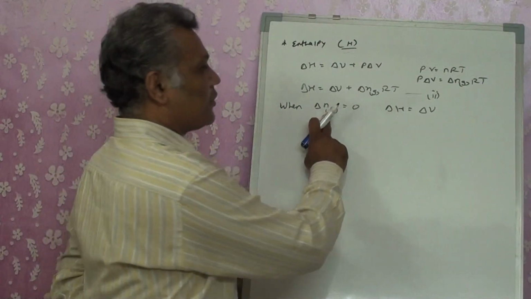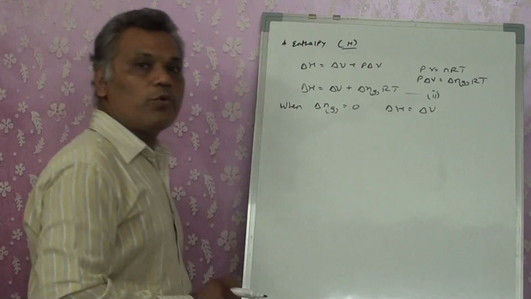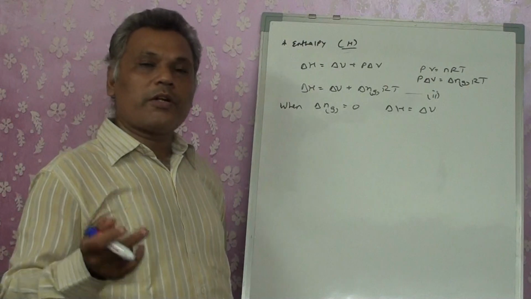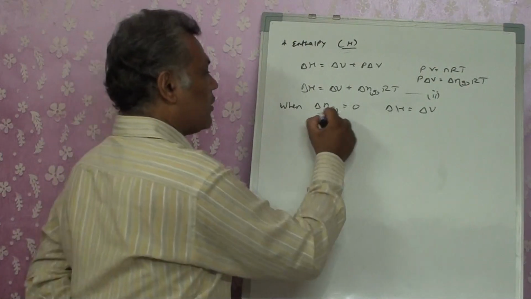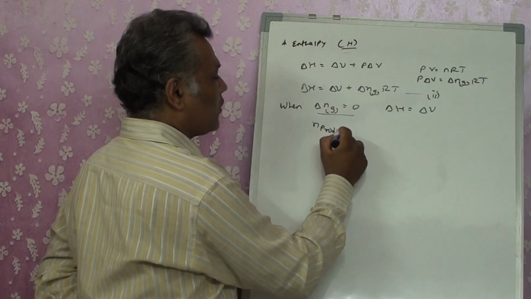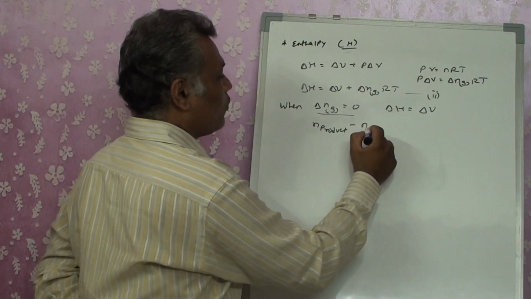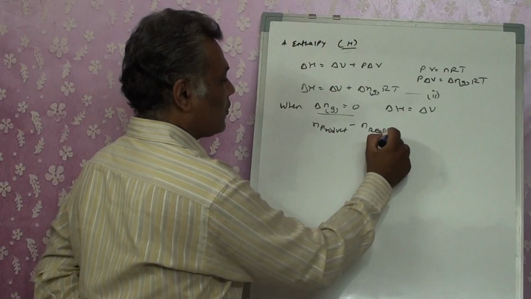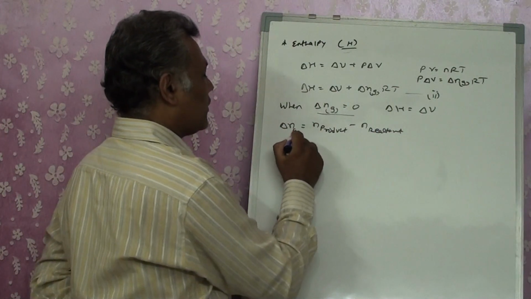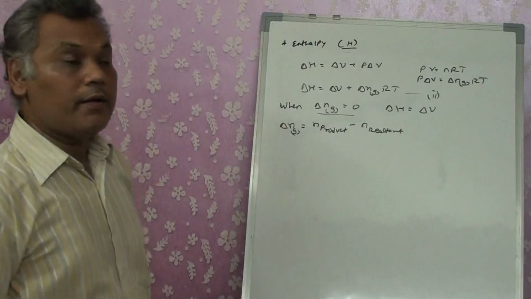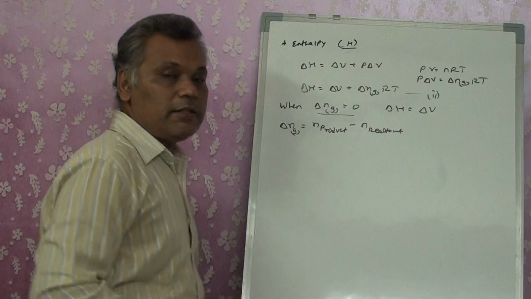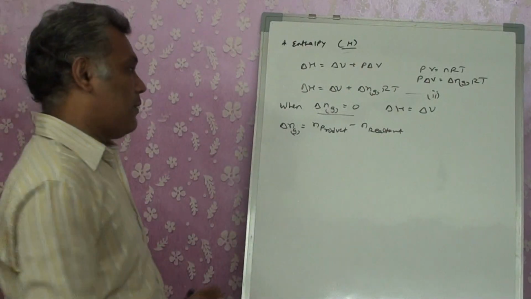So those equations which show the change in the number of moles of the gaseous component are equal for moles of product and reactant. Actually, delta Ng is the number of moles of product minus the number of moles of reactant. So if these are the same, internal energy and enthalpy are the same.